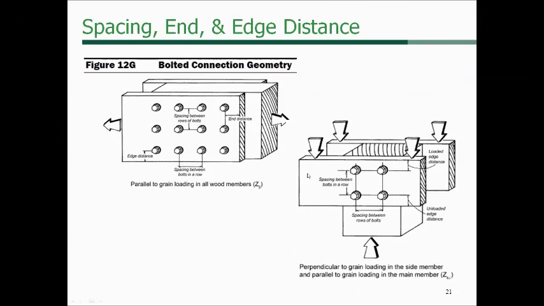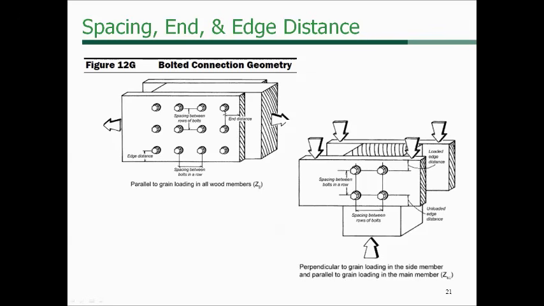So the other thing that should be helpful to you is spacing, end and edge distance requirements, and this figure 12G of the NDS shows pictorially what we're talking about when we're talking about spacing between rows of bolts. You see the load cells here on the ends loaded parallel to grain.